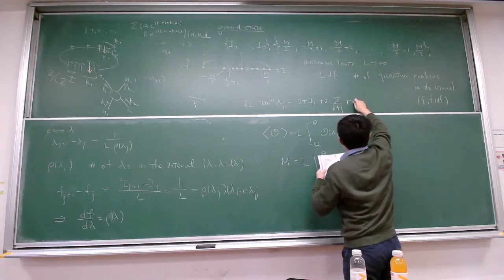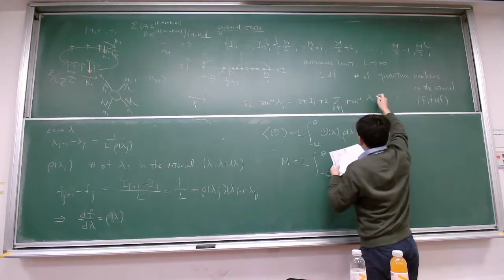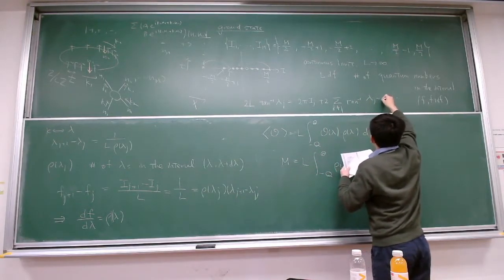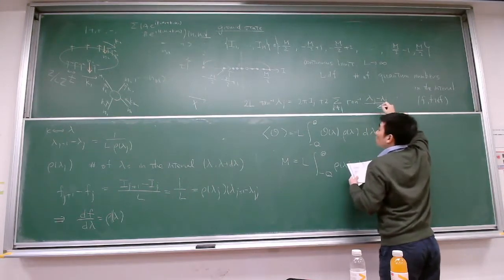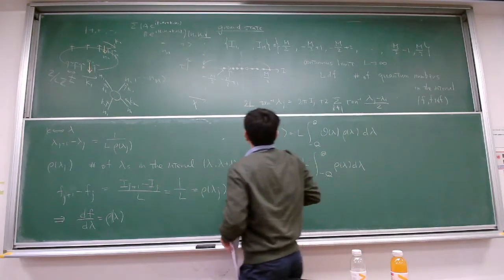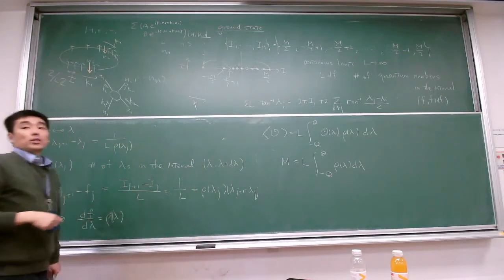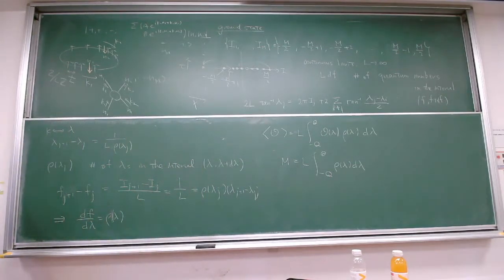That's what we derived last time from the Bethe-Ansatz equation, and we just take the continuous limit.